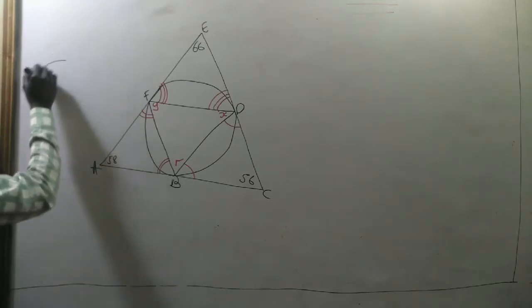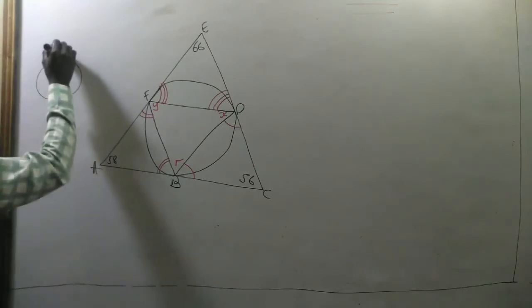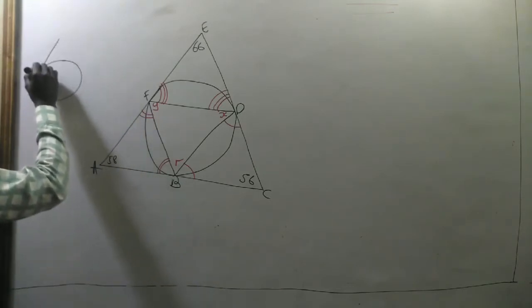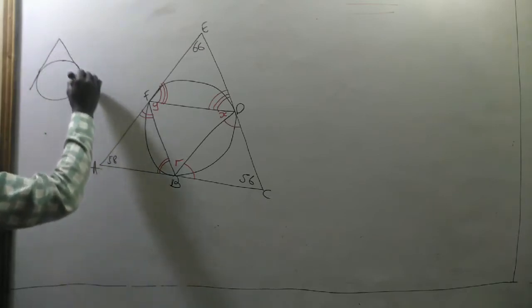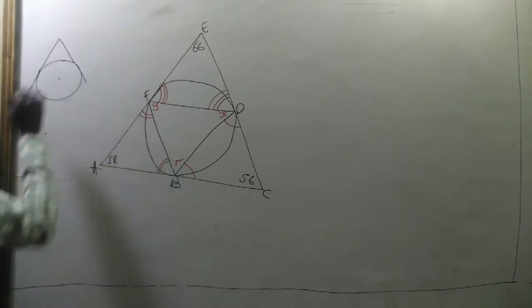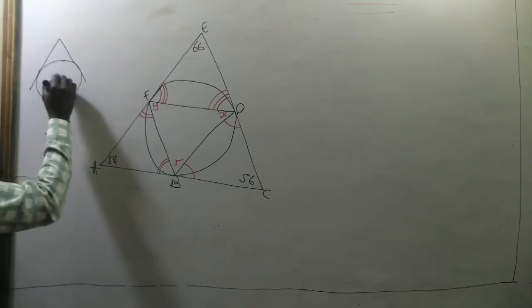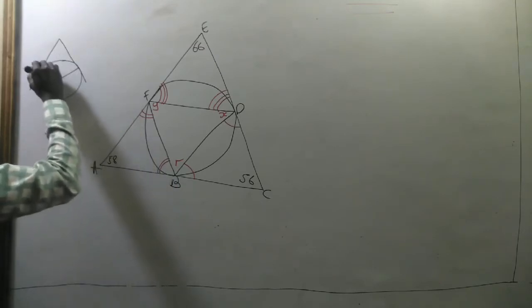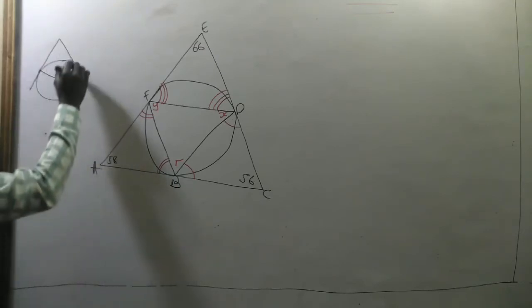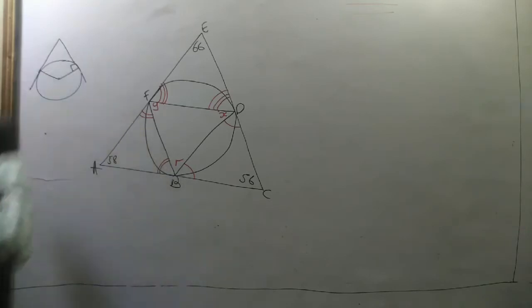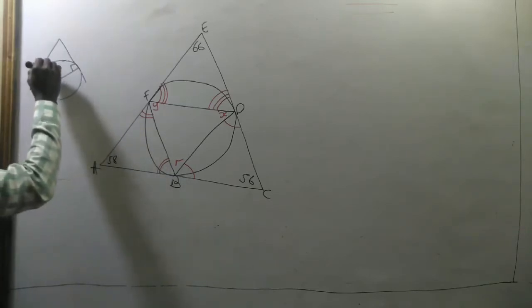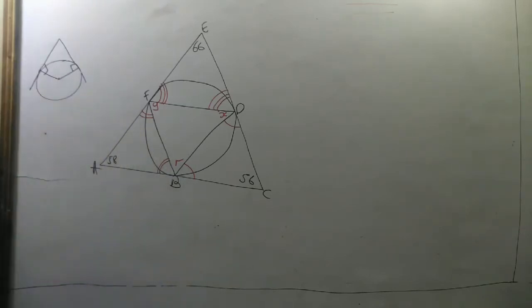Assuming I draw a circle and then I draw this as a tangent. If I indicate here the center of the circle, this is radius and this is radius. You know that the angle between the tangent and the radius is 90. So this one is also 90.